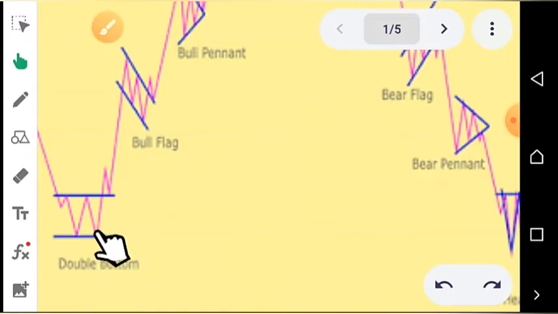As it comes to form the second bottom and goes up, you have already placed your horizontal line or your rectangle on this neckline. So as it breaks out and comes back to retest it, you enter your trade at this point. That is the general way of trading the double bottom.